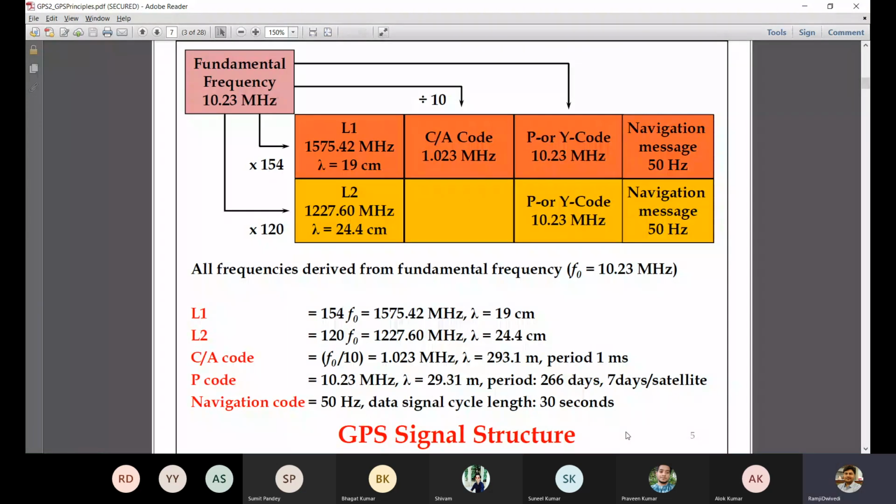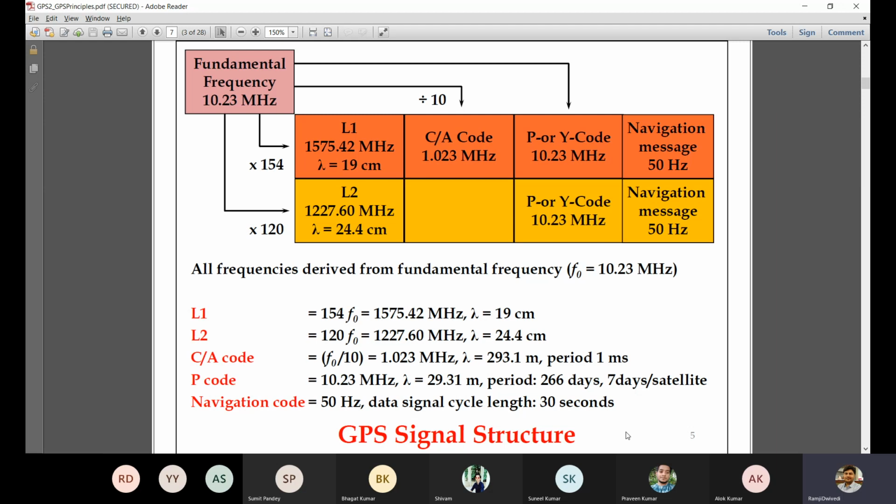The main purpose of showing it again is that many of the things you may forget in the days to come, but this figure should be in your mind as an image: your GPS satellite has atomic standard clocks on board, and the oscillator of that clock is responsible for generating the fundamental frequency 10.23 megahertz.